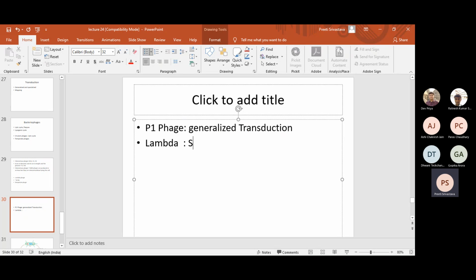And lambda phage transduction is called specialized transduction. We are going to discuss the differences between generalized and specialized transduction, and how they can be used for manipulating and engineering the genome and for transfer of genes, in the next class maybe. So I'll stop here.